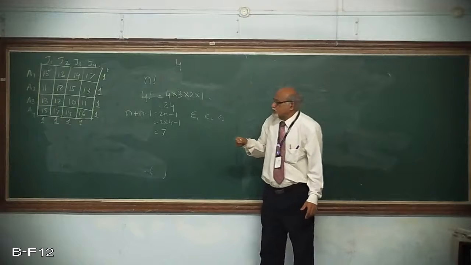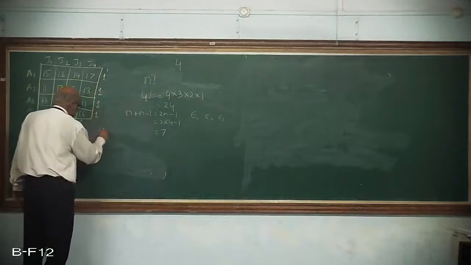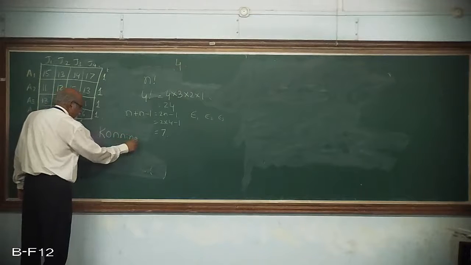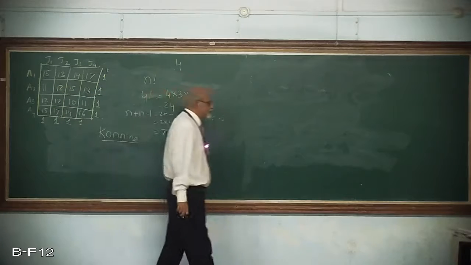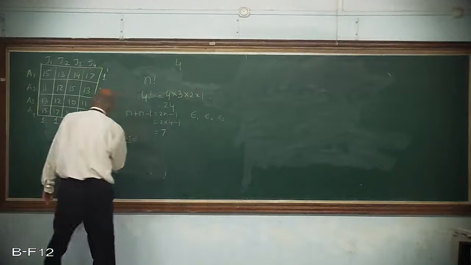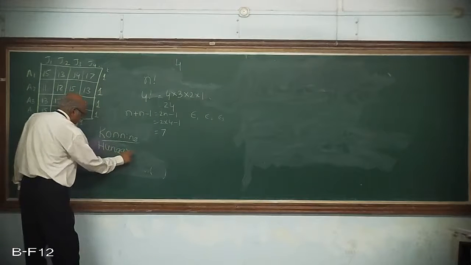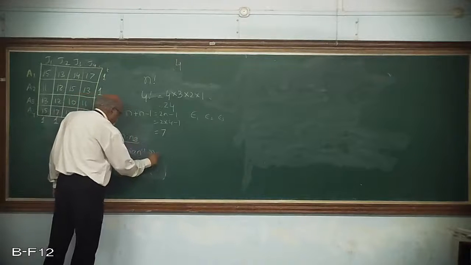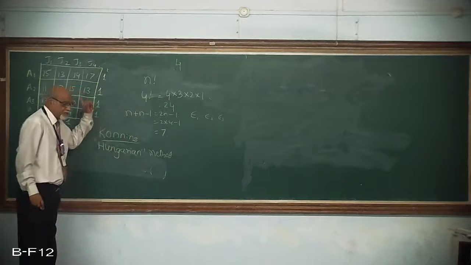The next way that they thought of: one Mr. Koning of Hungary developed one method and named it after his country, and it is called the Hungarian method. It was developed by Koning for this particular type of problem.